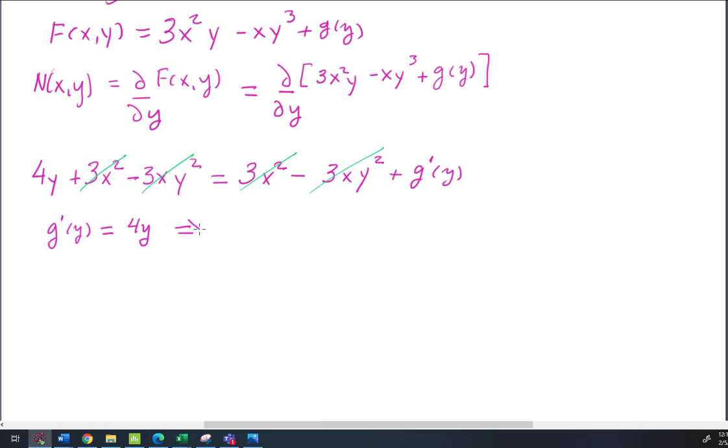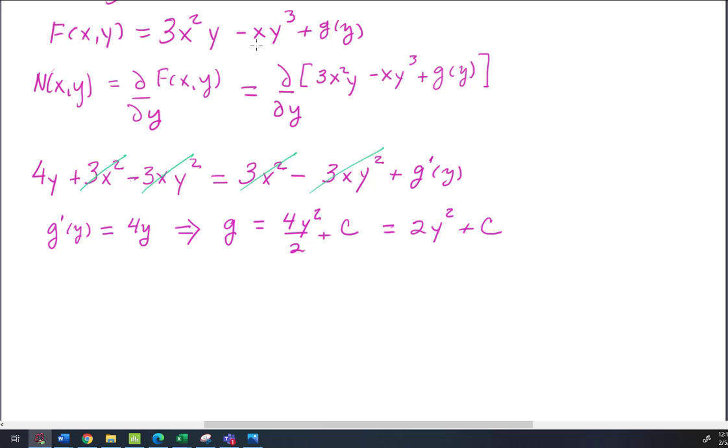And that implies, if I integrate with respect to y, that g is equal to 4y squared over 2 plus an arbitrary constant, which is equal to 2y squared plus a constant. Well, goodness gracious, now we know what g is.